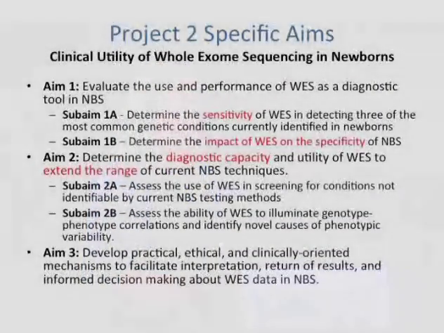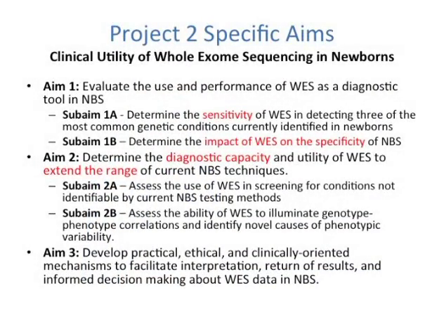In the clinical aspect of our study, we are looking at the sensitivity and specificity of whole exome sequencing. And so we're going to be using patients with known conditions and also those with conditions that are currently screened for in standard newborn screening, and also conditions that are not currently screened for, but which we think might be helpful to know about at an early stage.